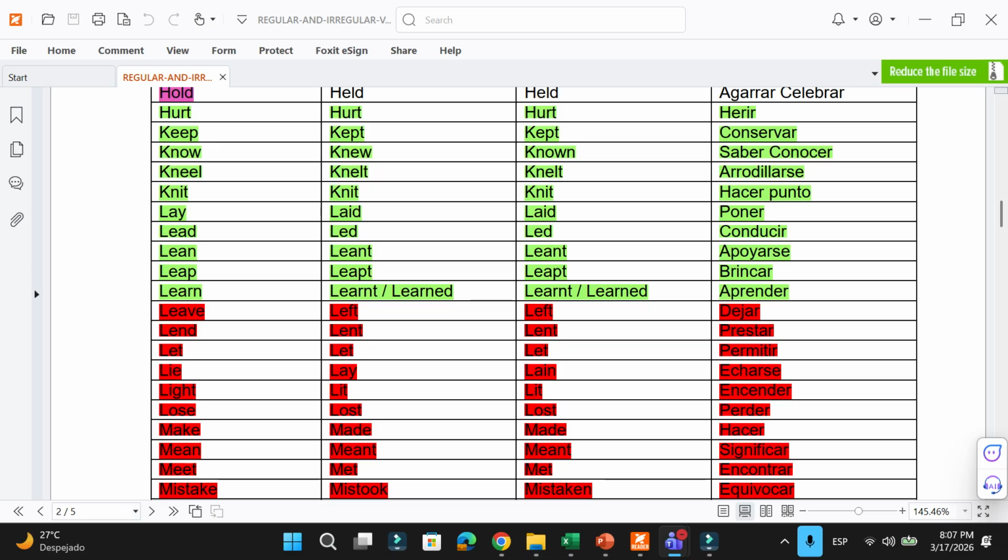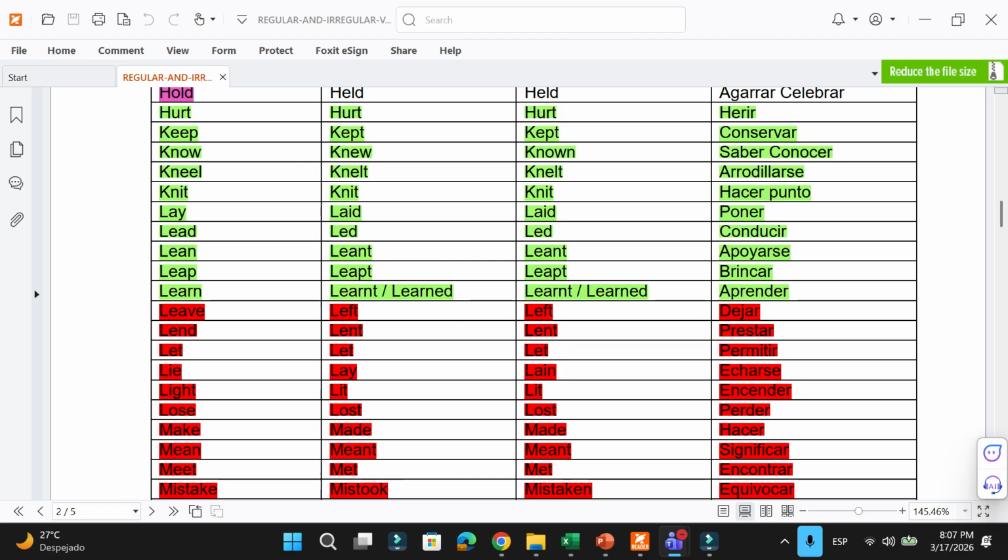Okay, I know that the last verbs sound similar, but they're different. Lead, lean, leap, learn.